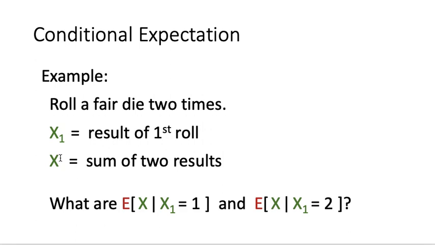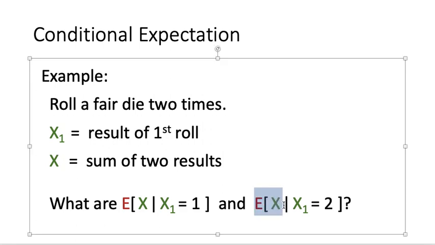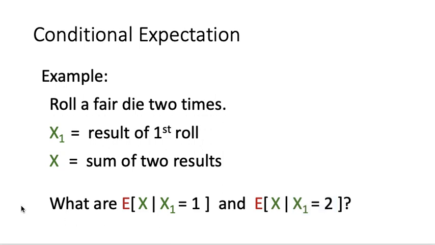So it is ranging from 2 plus 1, 2 plus 2, up to 2 plus 6, and each of them would have equal probability of occurring. In that case, the expected value of X under the condition that X1 is equal to 2 will be equal to 5.5. So this is the meaning of conditional expectation.